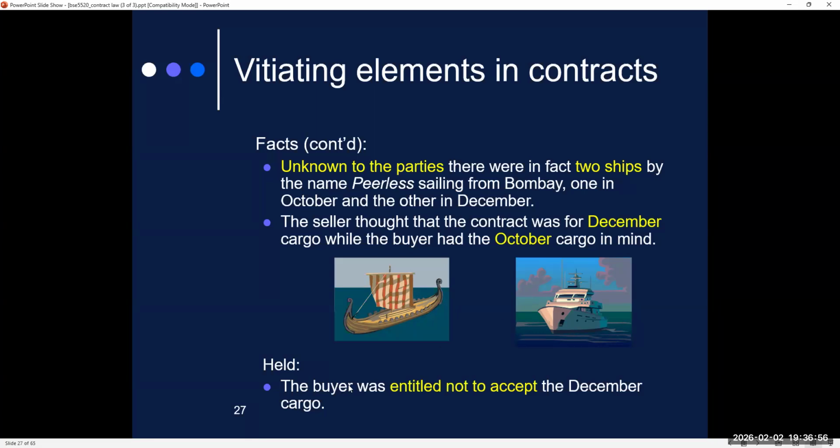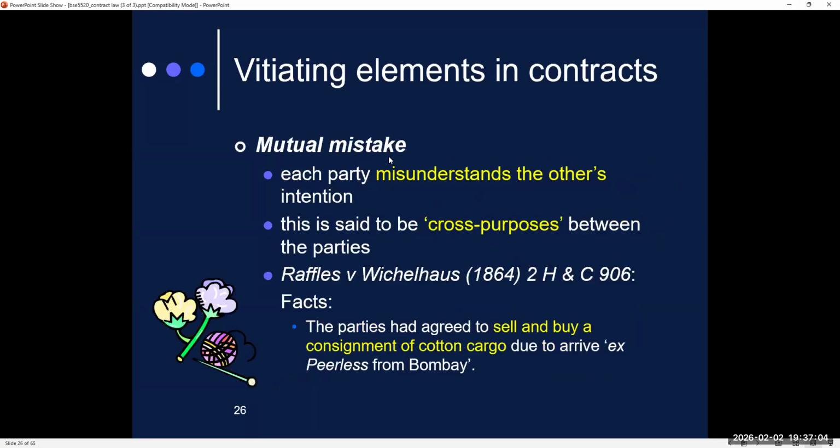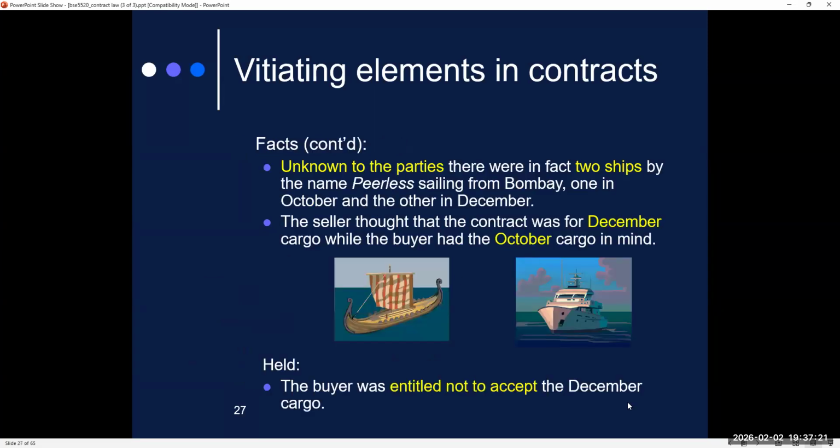So the buyer was entitled not to accept the December cargo because that was a mutual mistake. The two parties have something in mind, but that thing in mind in A and B are different. That is cross purposes. Understand?